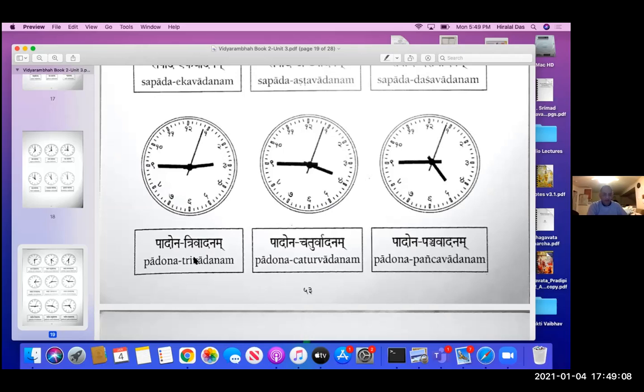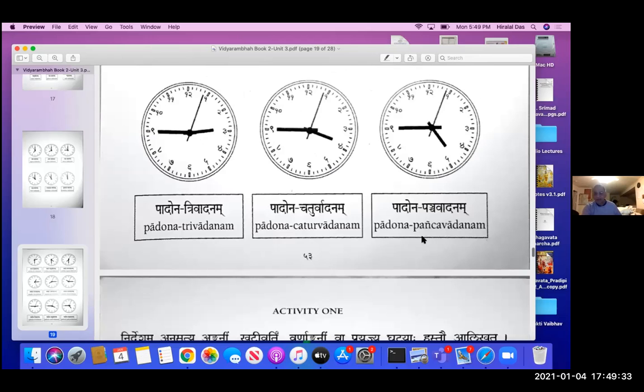For 2:45, you have to put Trivadanam here. So Padon Trivadanam is not 3:45, it is 2:45. Similarly, Padon Chaturvadanam means 3:45, and Padon Panchvadanam is 4:45, not 5:45. You got that point?